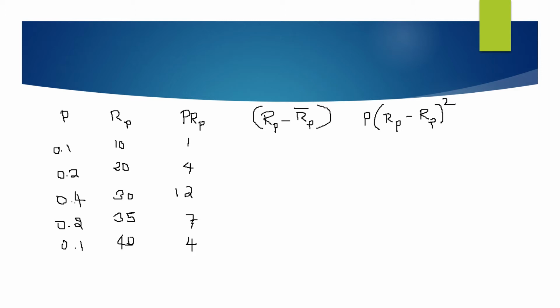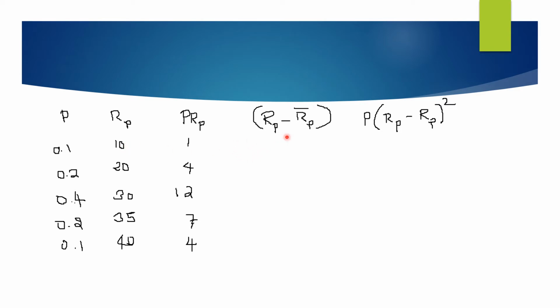That is, we get it through multiplication: 0.1 into 10 equals 1, 0.2 into 20 equals 4, 0.4 into 30 equals 12. Likewise, you have to multiply the probability with the returns of a particular stock.